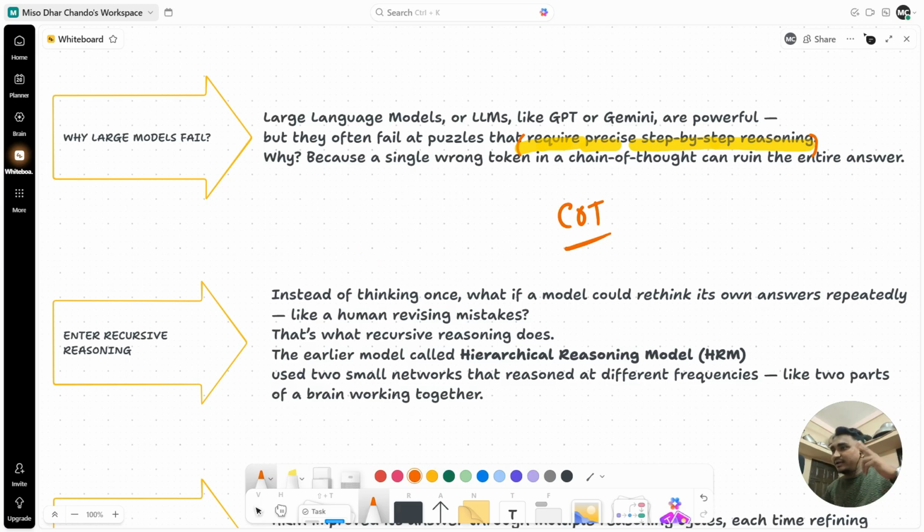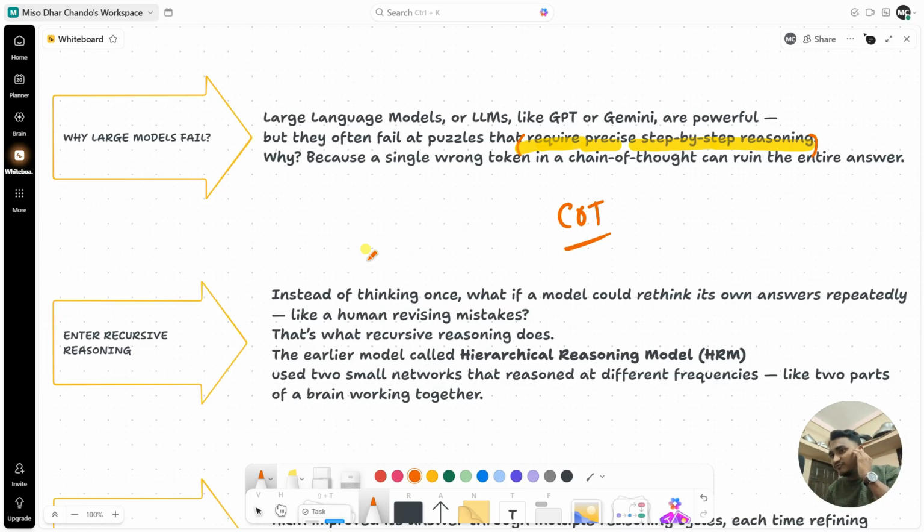Now, the next one, enter recursive reasoning. Why do we need recursive reasoning? See, instead of thinking once, what if a model could rethink its own answer repeatedly, like a human reviewing mistakes? A large language model basically tries to fit the data and predict the next token one at a time.